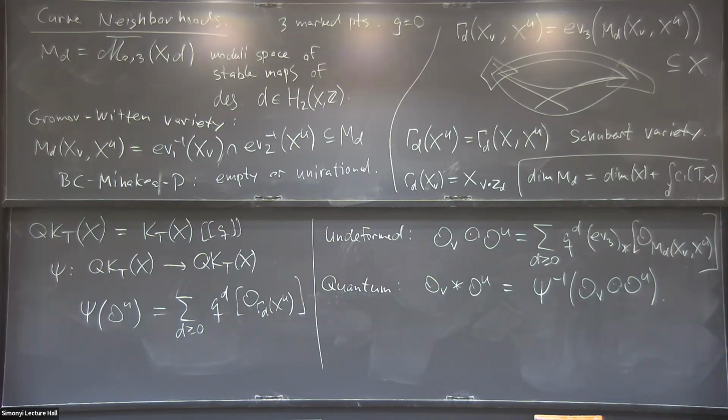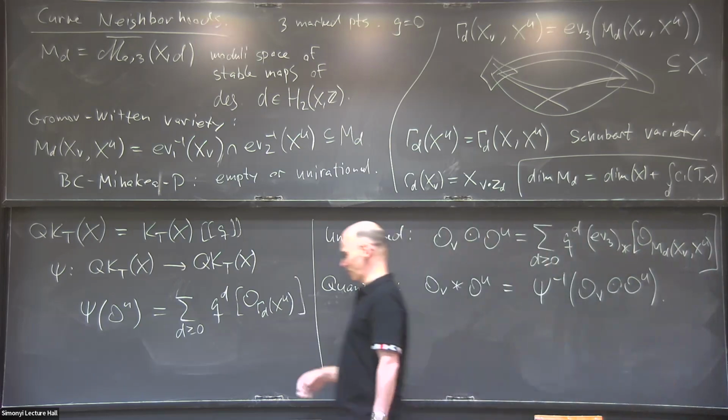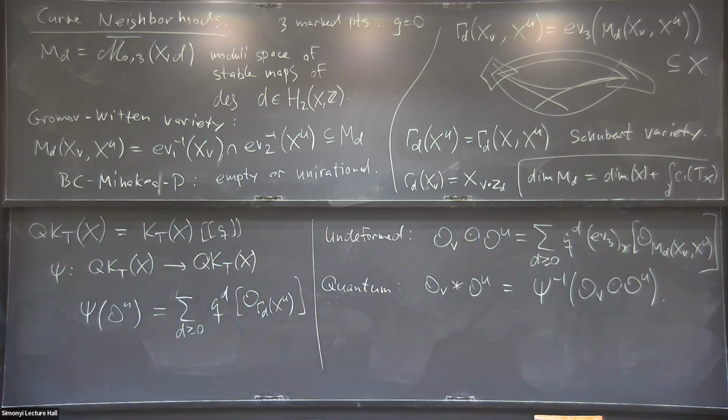Yeah, this is my favorite construction of quantum K theory because it's basically set theoretic. Of course, you have to deal with K theory classes, but the operations are all defined in terms of sets.